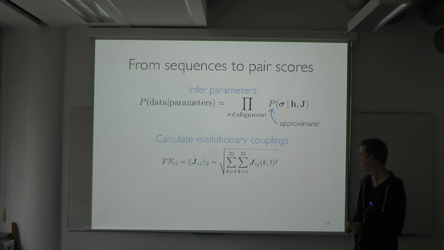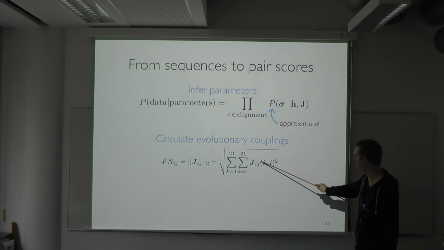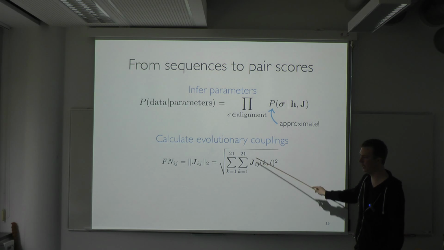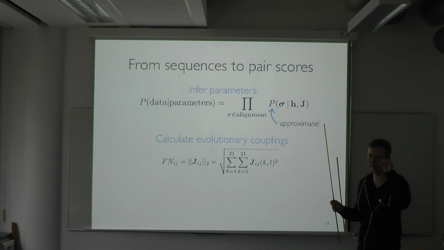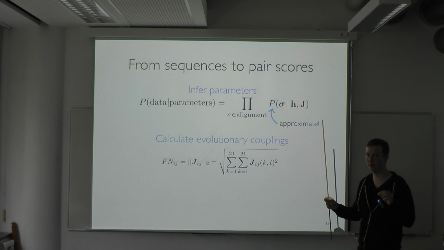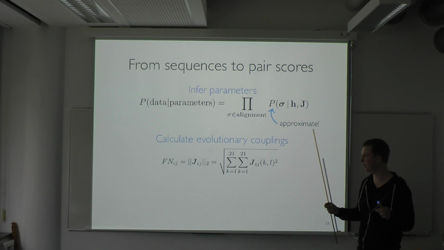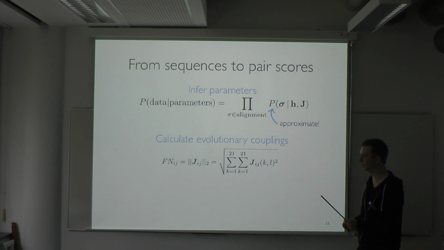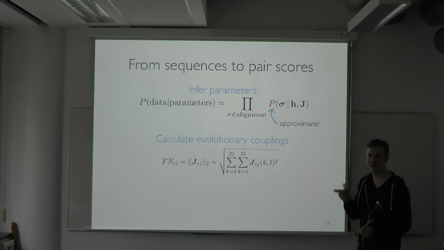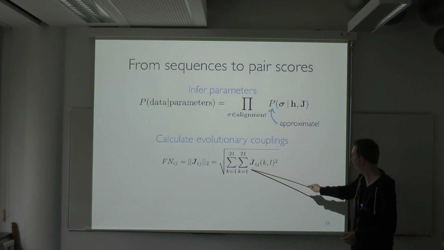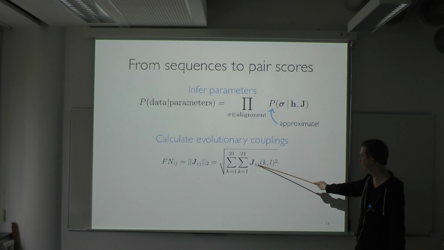And so you have one of these numbers, Jij, afterwards, for each particular pair of amino acids, let's say D and K, between a certain pair of positions, I and J. And because we don't care about the particular amino acid type in those positions, we just sum all these numbers.